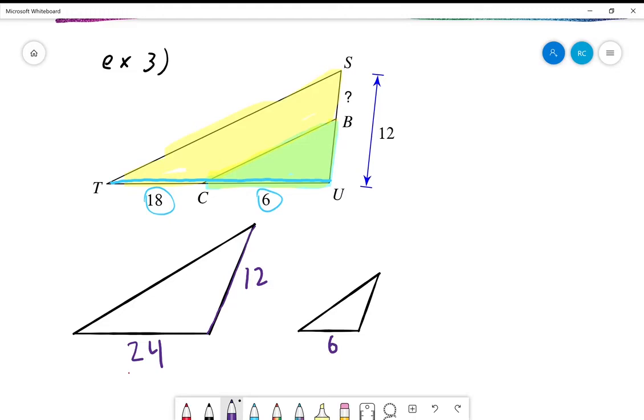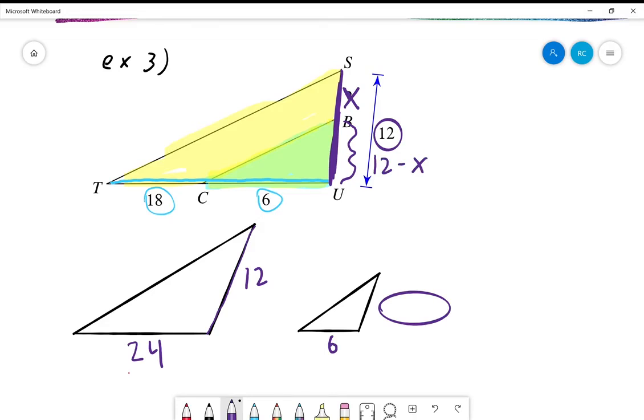Now, we still don't know what this side is, but since we know that this whole side here is 12, and we're going to call SB, let's call it X because we're super creative. Well, you know that this X plus whatever this is have to equal 12. That's what the problem says. So whatever X is, to find this length, you would subtract that X from 12.